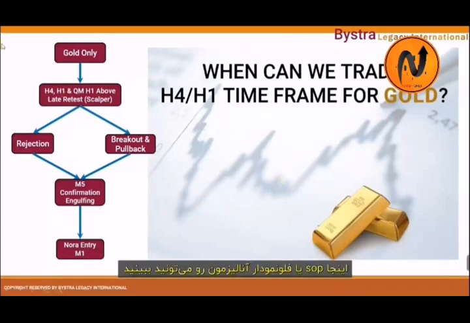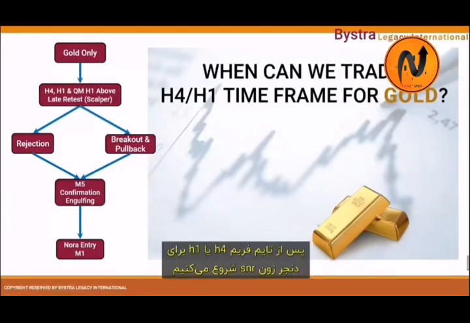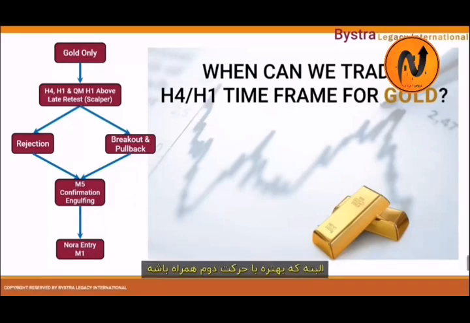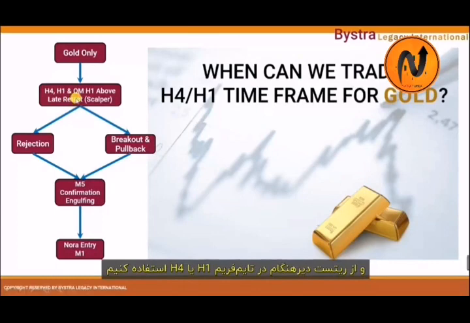Here we can see the SOP, or the flow chart, of how we want to analyze gold. We can start from the H4 or H1 time frame for danger zone SNR, preferably with the second movement, or we can use the QM leg retest at the H1 or H4 time frame.